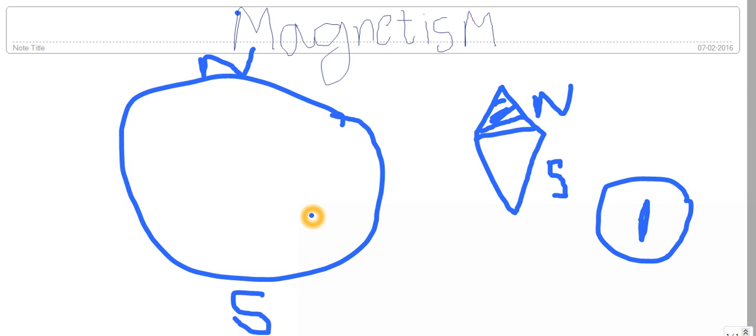But how is it possible? We have said that a north pole and a north pole will repel each other. How come it is getting oriented in the north direction? Because this is not the magnetic north. This is geographic north. The magnetic south pole will be here and the magnetic north pole will be here. That is, the north pole of the magnet is pointing to the magnetic south, which is our geographical north.